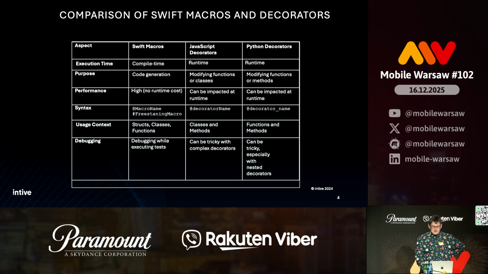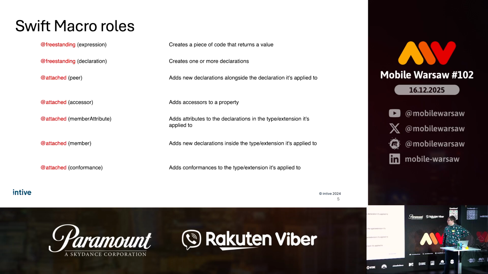Okay, so now I will show you all macro roles. There are two types of macros. First, a freestanding macro, and another one is attached macros. A freestanding macro could generate some expression or declaration in code, but attached macros are interesting, because they could analyze and modify or add something to code where we attach the macro.